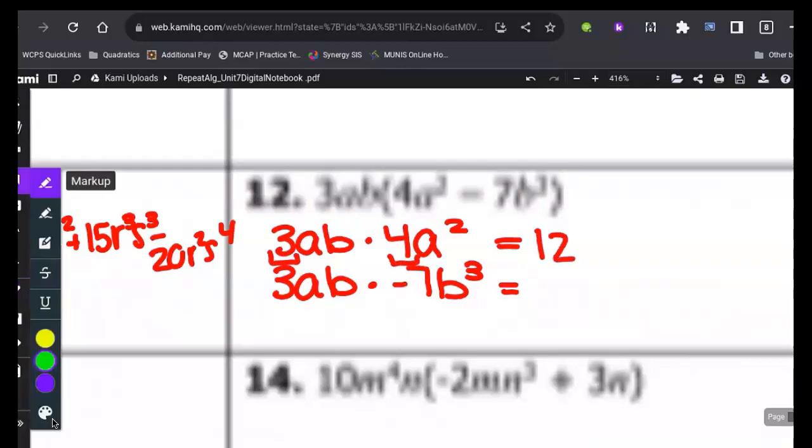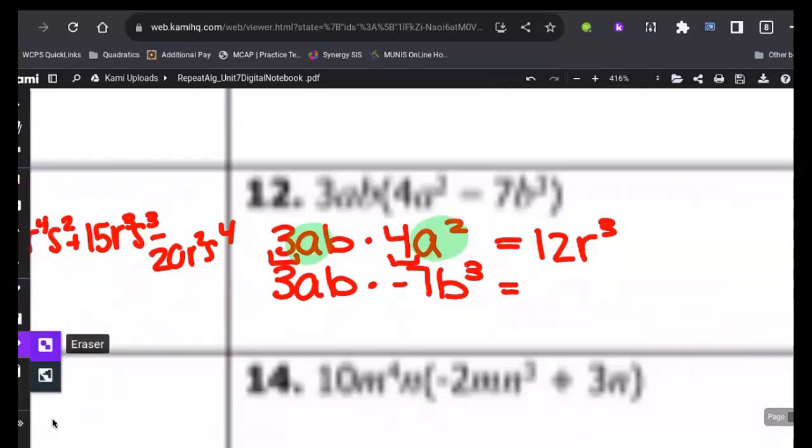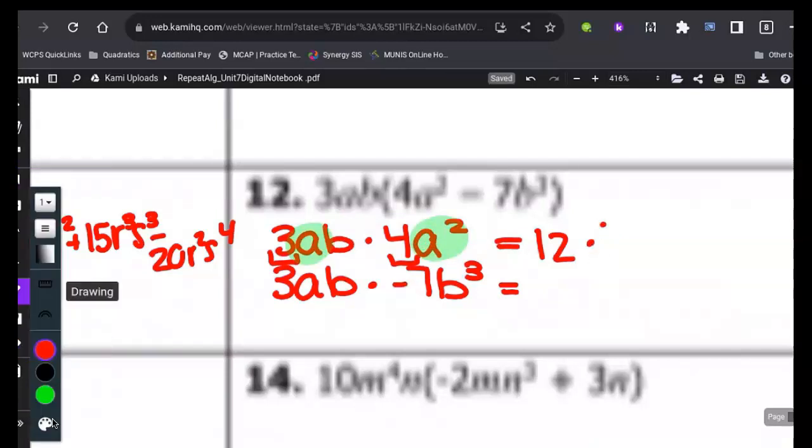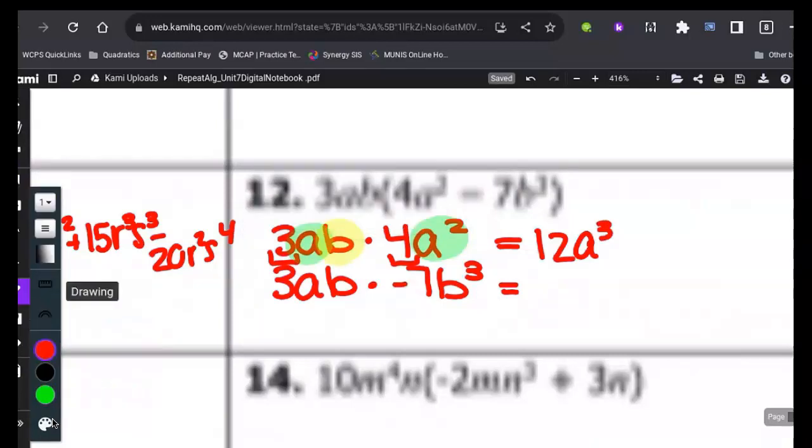And then I have an a here and 2 a's here. So that's 3 a's total. And then I only have one b here, and there's nothing else to add it. So I'm just going to keep the b by itself.